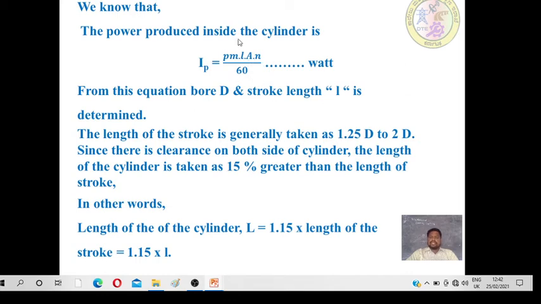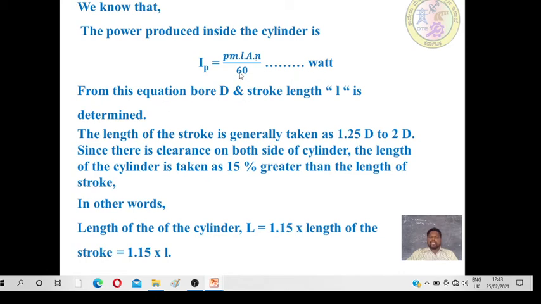You can remember this equation by a simple word called PLAN. PLAN by 60, where P means indicated mean effective pressure, L means length of the stroke, A equals cross sectional area, and small n equals number of working strokes per minute.